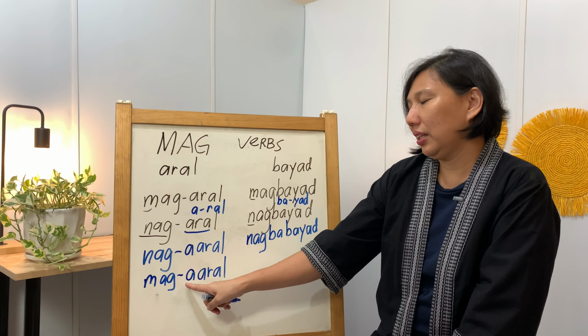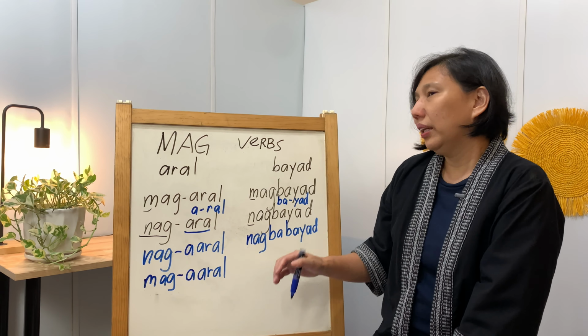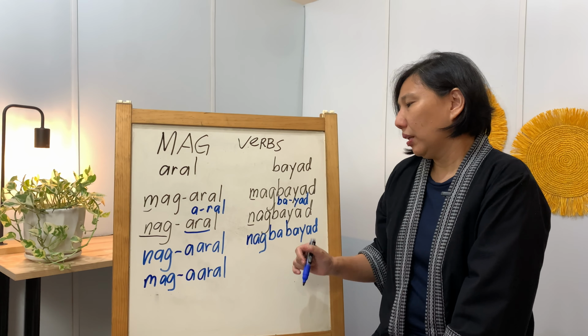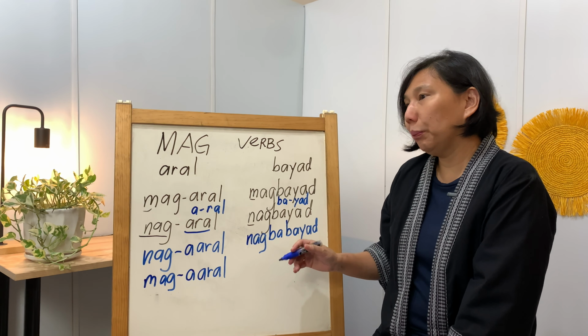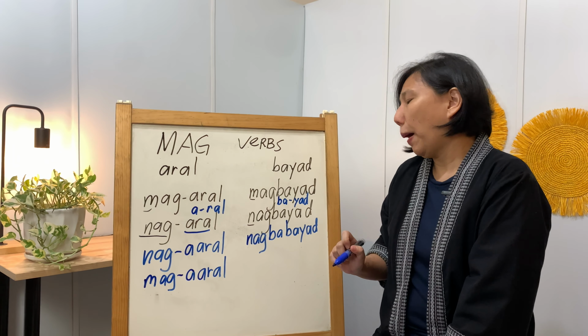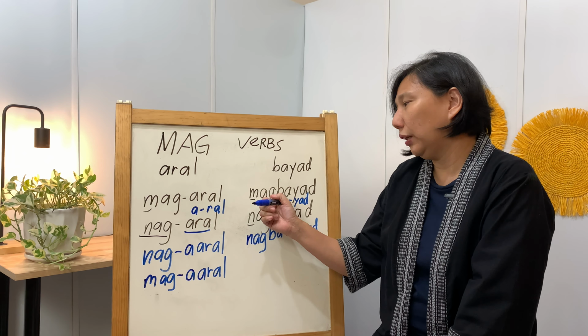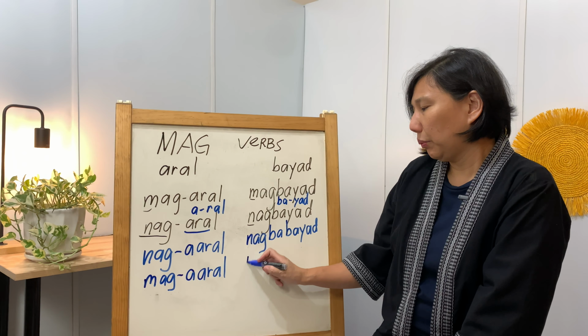Now, because that was a verb root that begins with a vowel, let's try to form the future or contemplative aspect of the verb root bayad. So again, we go back to using the mag prefix.